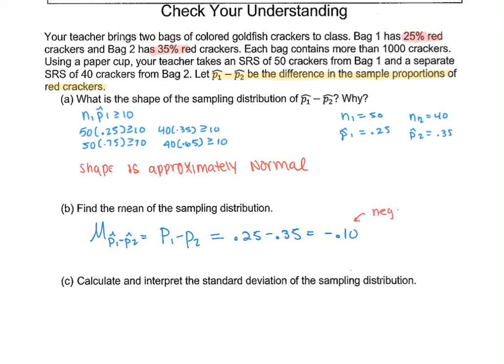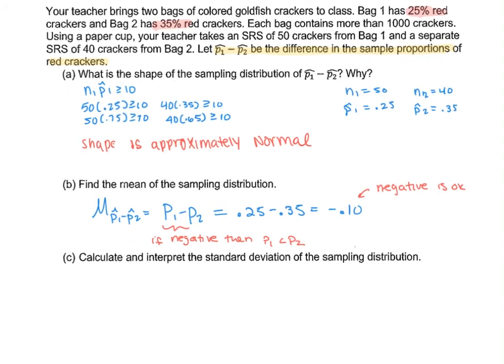A negative difference means that the second one was bigger. So if p1 minus p2 comes out negative, then that means that p1 is less than p2. That's all that means. So you're allowed to have a negative difference for p hats.